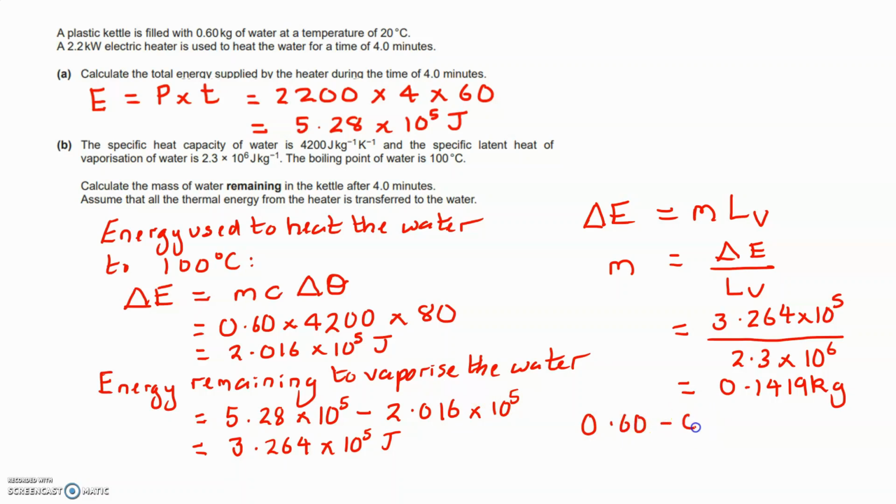The mass of water turned to vapor is 0.1419 kilograms, and so our final answer is 0.46 kilograms. So that answer there is the amount of water left in the kettle after 4 minutes.